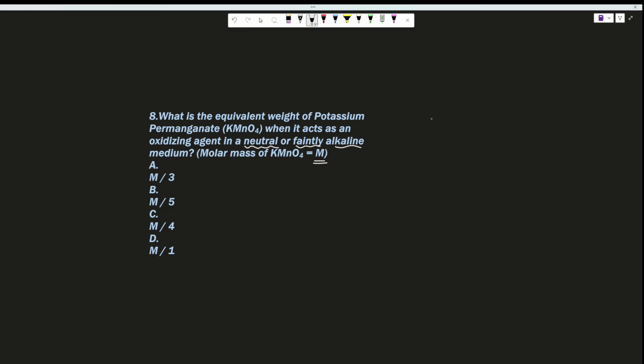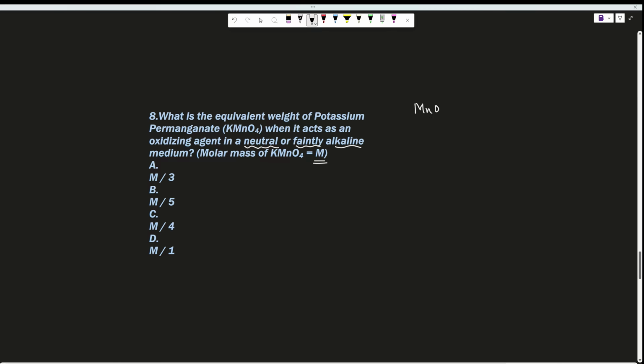So change we have to take, that means for example if it is changing from +6 to +3, the change is 3, so that change we have to take. So here when you take permanganate KMnO4, we know this MnO4-, which is in +7 state, gets converted to +2 in acidic medium. Okay, so here the change is 5.